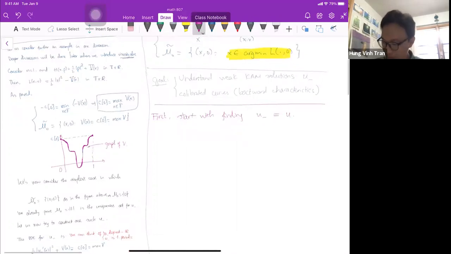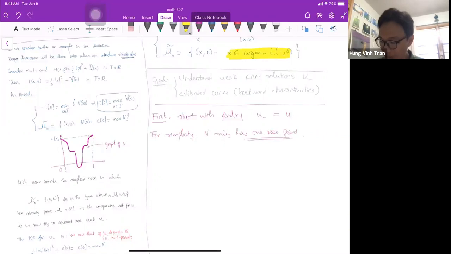The first thing, for simplicity, we assume that V only has one maximum point. That's for our convenience. We're going to revisit the case where we have many maximum points later, by the end of the lecture.